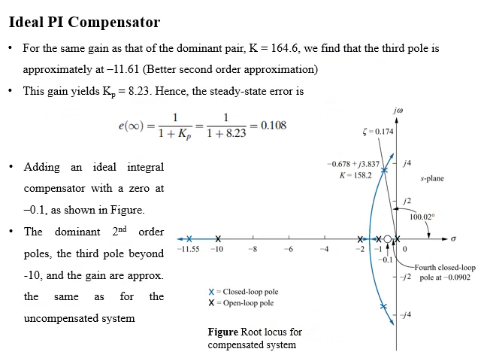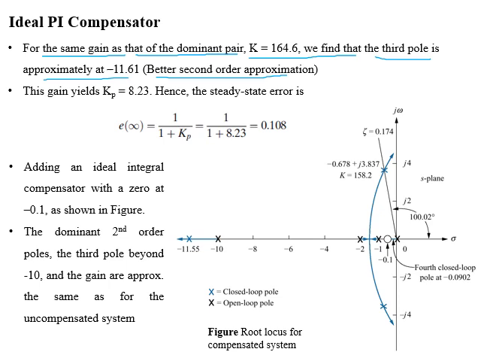Dear students, now for the gain of 164.6, we will find the location of the third closed loop pole, which is approximately equal to minus 11.61, and hence the higher order pole is much farther away from the dominant pair of poles, so we have a better second order approximation.